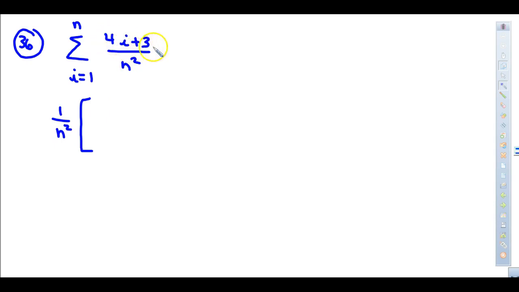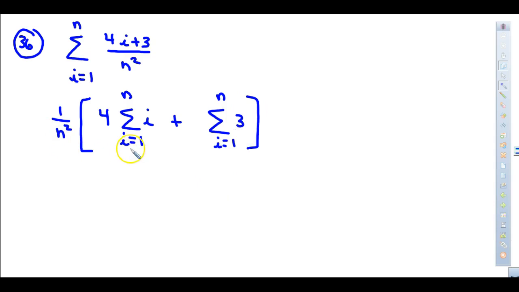And then I'm going to separate 4I plus 3 using my properties. I'm going to pull 4 in front of the summation, and then I'm going to give the 3 its own summation. I'm going to apply my formula to this summation.